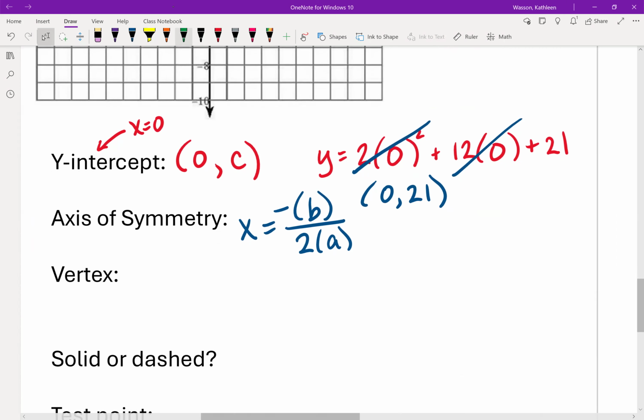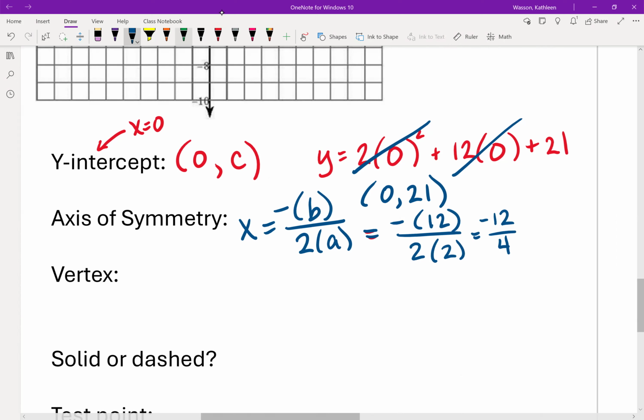So to find the axis of symmetry, we'll substitute: opposite sign 12 divided by 2 times 2. So I have negative 12 over 4.